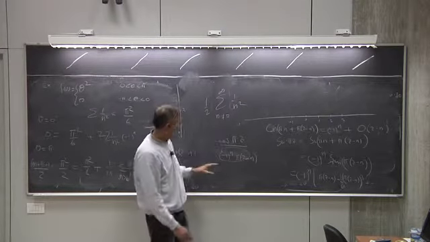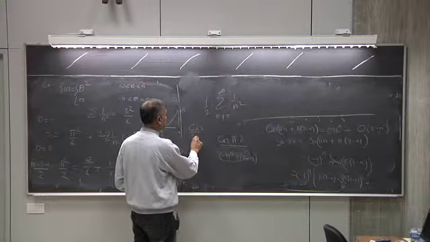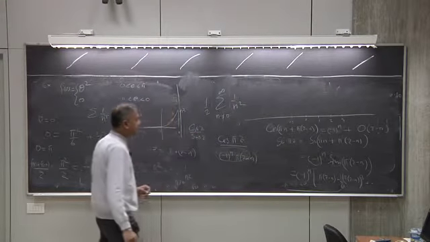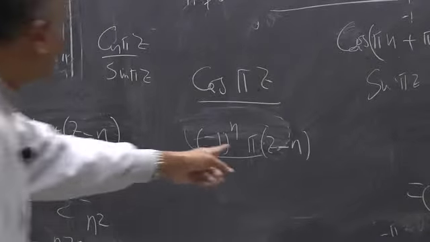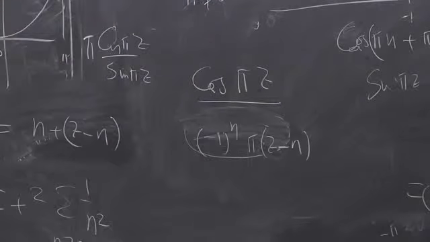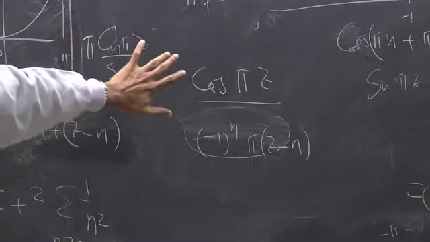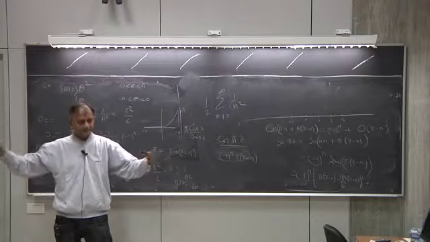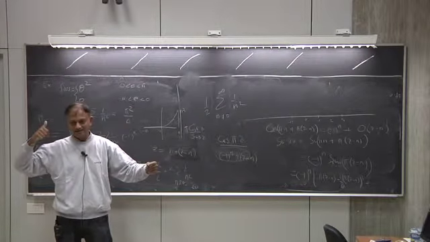So this function, cosine pi z over sine pi z, has the property that it has a pole at every integer, right? If you want to get rid of this pi, we can multiply by this pi. So this function has a pole at every integer, with residue 1.